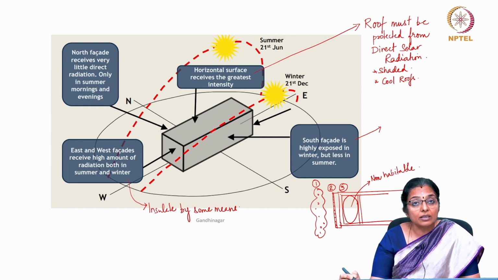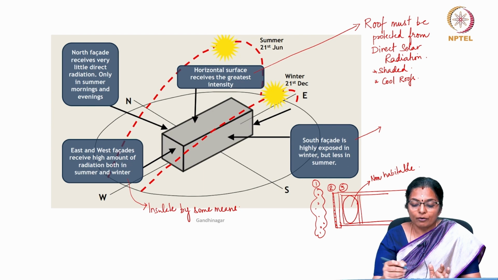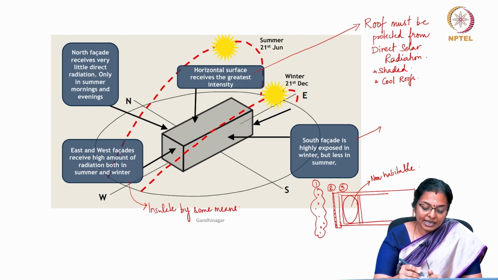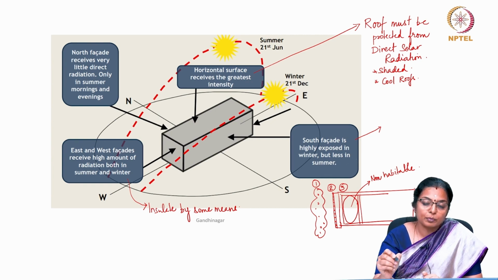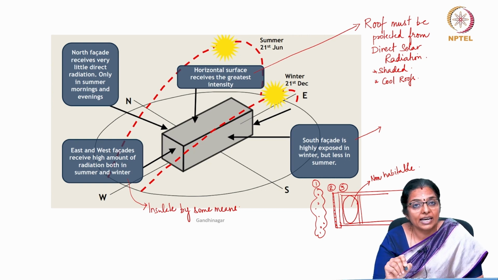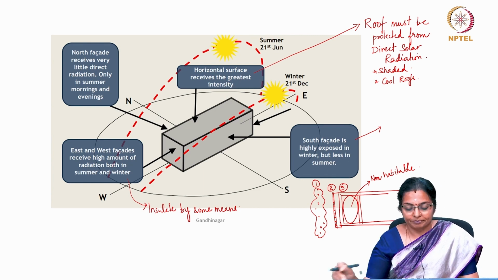They could be storerooms, toilets or staircases. And for a climate like Gandhinagar, it is best to orient this building in such a way that the east and the west have minimum facade areas and the exposure to the eastern and western sun is not as much as it is to the north and south.